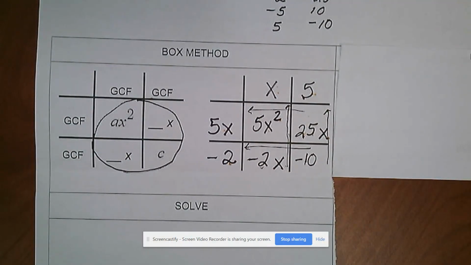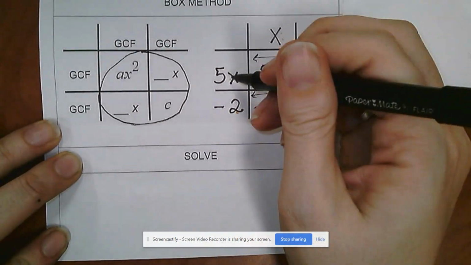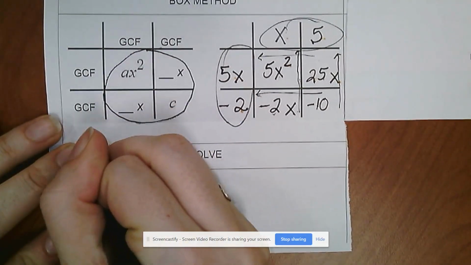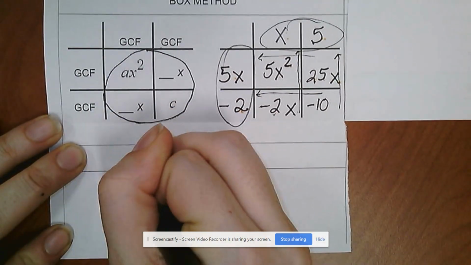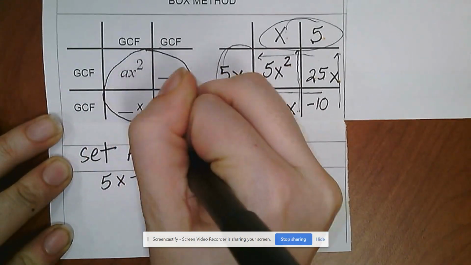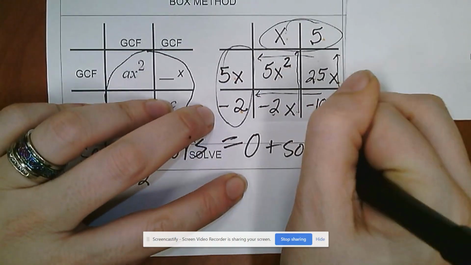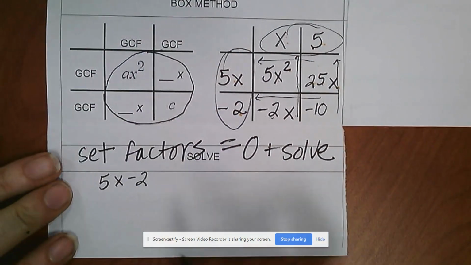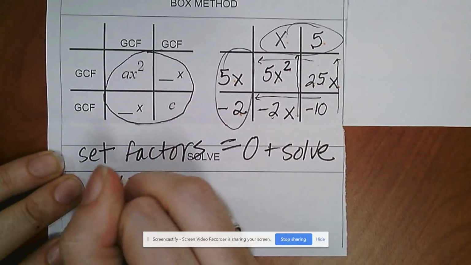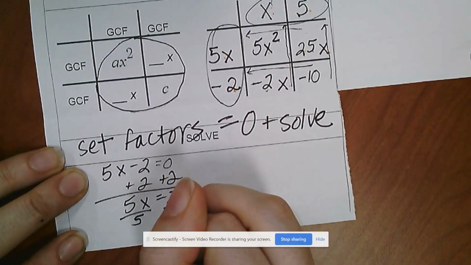All right, so what you've just done is factor, but we're going to actually solve these. So you're going to take each of these binomials, and we're going to set them equal to 0. So really what we're doing is set factors equal to 0 and solve. Okay, so we're going to set that equal to 0, and I'm going to solve for x, doing it algebraically, trying to get x by itself.